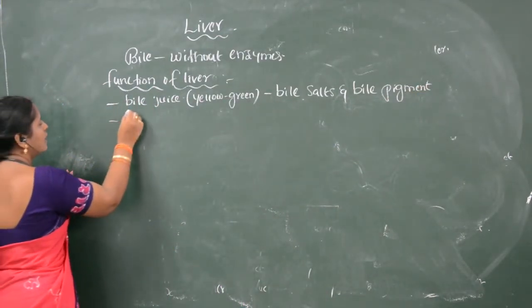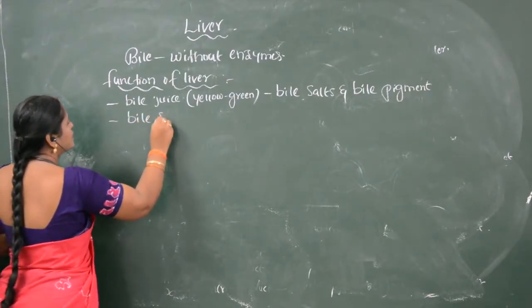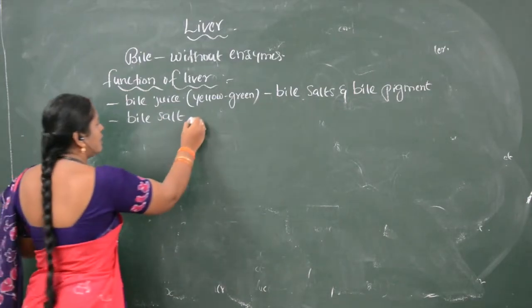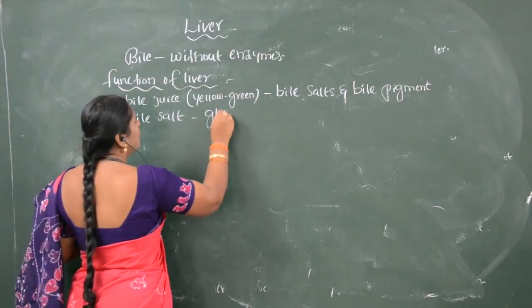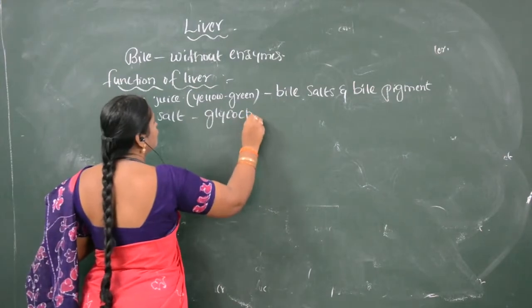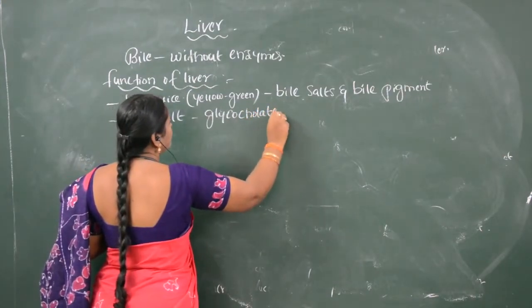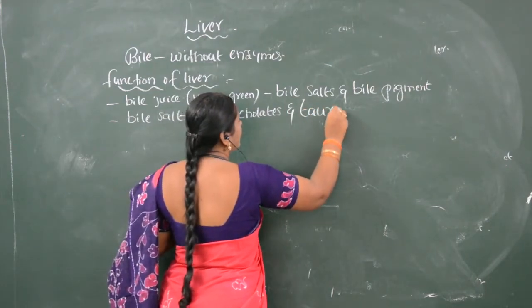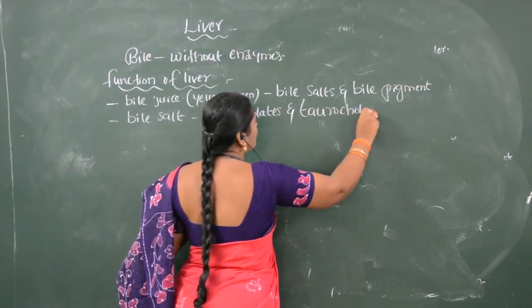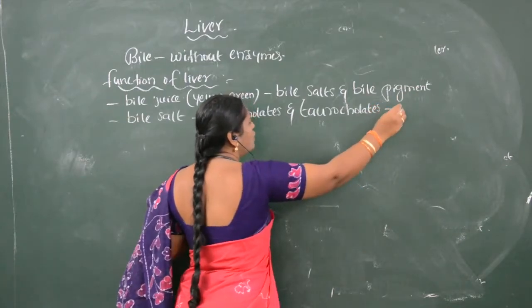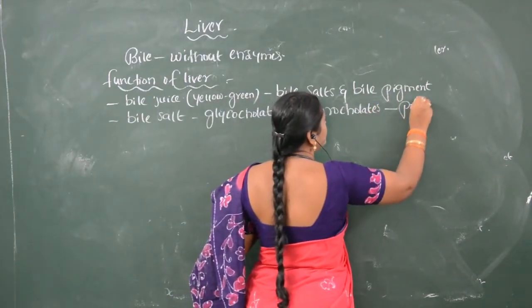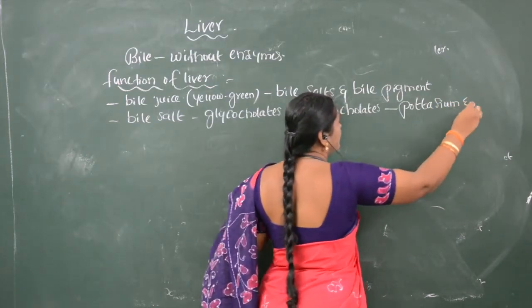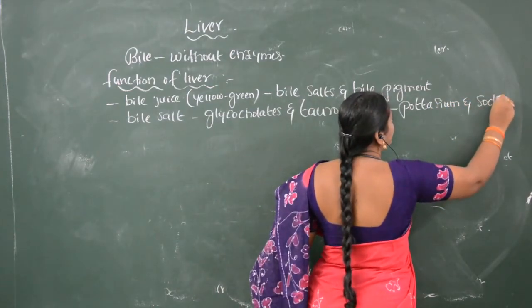The bile salts present in the bile juice are glycocholates and taurocholates of potassium and sodium.